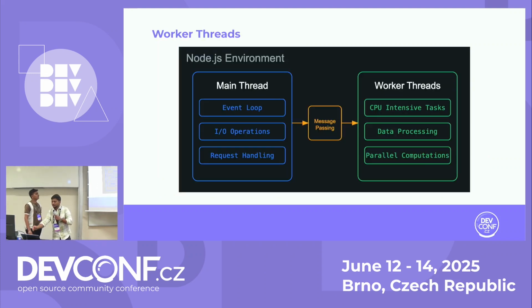And the last one is worker threads. After achieving parallelism using the cluster module and child processes, if you need more granular multi-threading in Node.js, worker threads are responsible for that. If there are heavy, CPU-intensive tasks and heavy computations, this is where worker threads come into the picture.